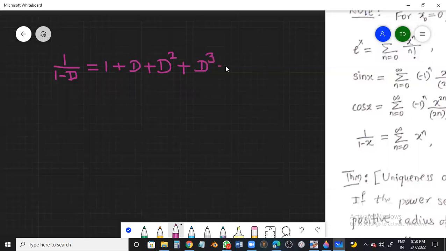Have you used this? In our first chapter, you have used this as a short method. This is nothing but summation d raised to n, and n starts from 0 to infinity. Are you getting my point?